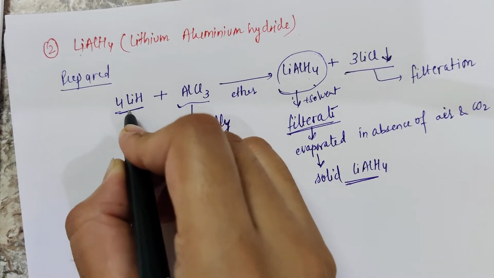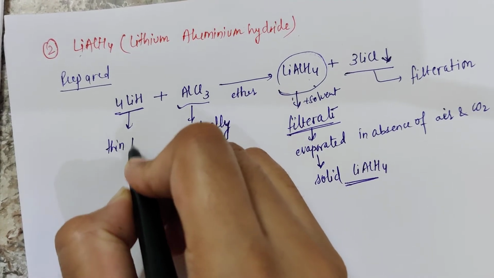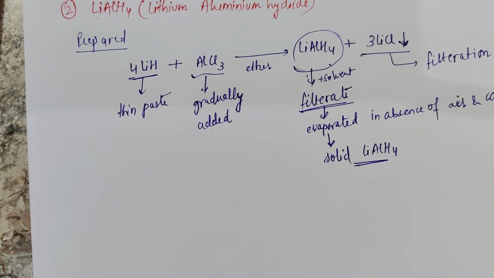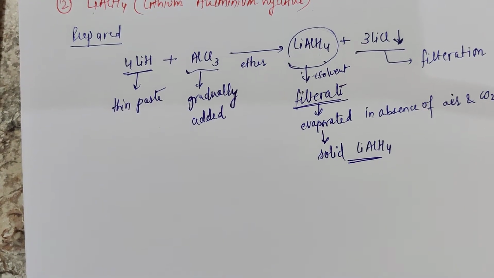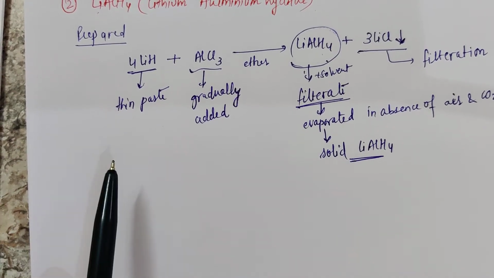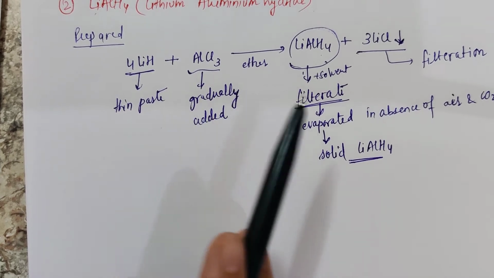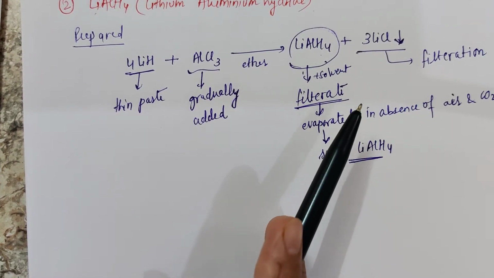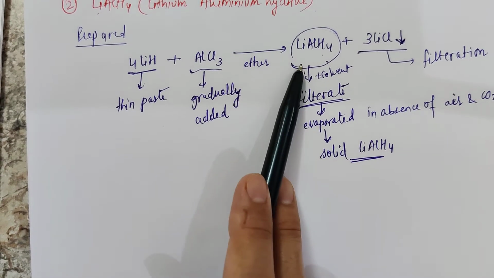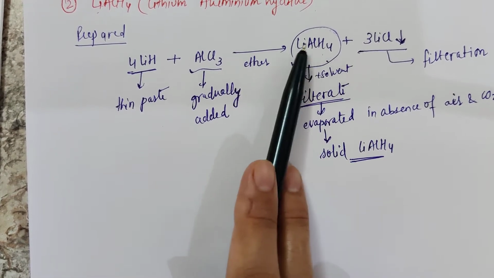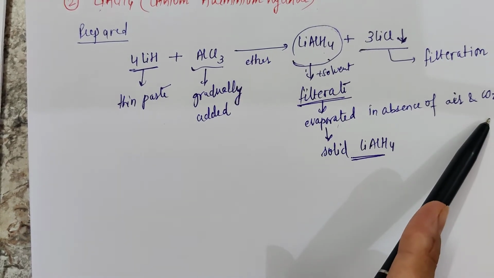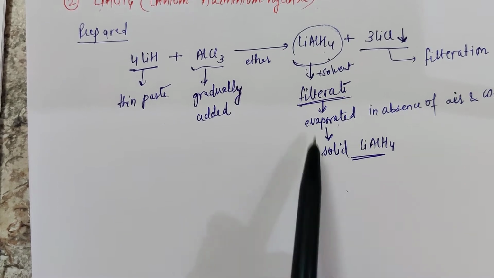And this was the thin paste of lithium hydride. So preparation is gradual addition of aluminium chloride to a thin paste of lithium hydride in ether to obtain a precipitation of lithium chloride and a filtrate having lithium aluminium hydride, which is separated by evaporating the filtrate in the absence of air and CO2 to obtain the solid reagent.